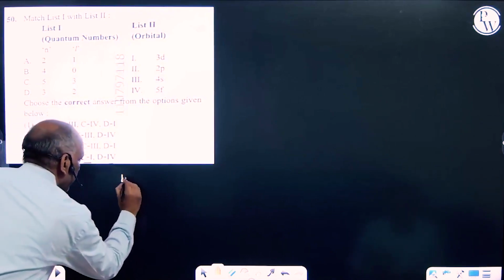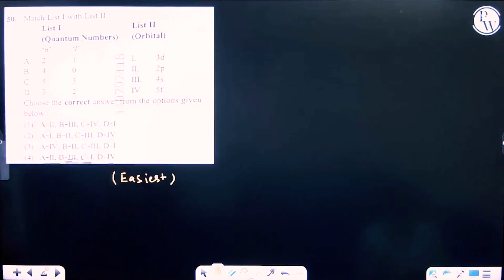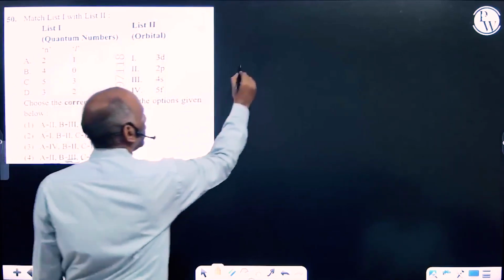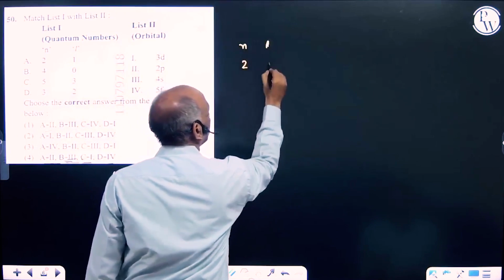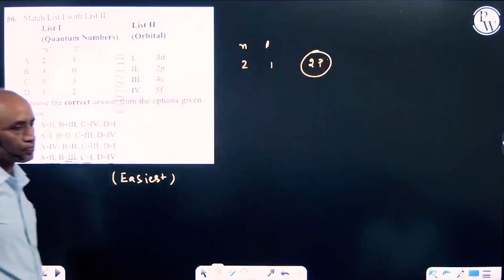Now the next question, which is the simplest question. In the entire paper, I can say this is the easiest question, where the possibility of error is also very less. When n is equal to 2, L is equal to 1, this corresponds to the 2p sublevel.